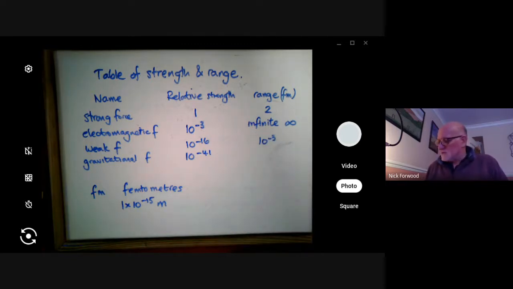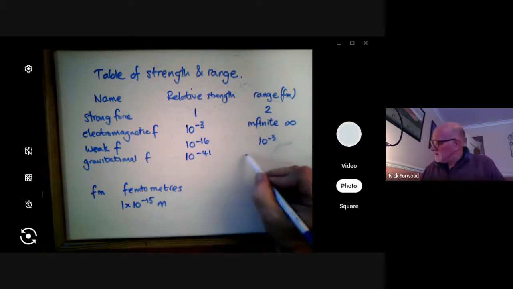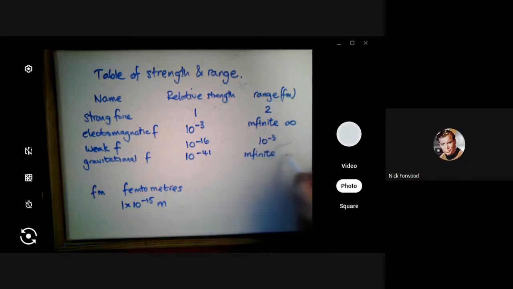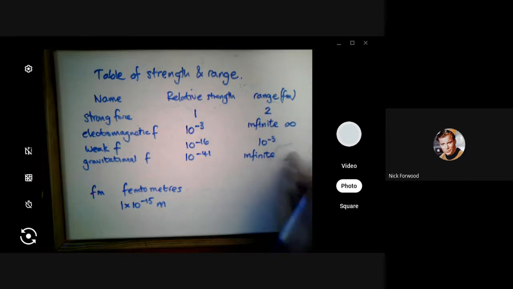And the gravitational force, again, we've said it's huge, goes over light years, so once again we're going to call it infinite, and we're going to put the infinity symbol there at the side so you know that it's infinite.